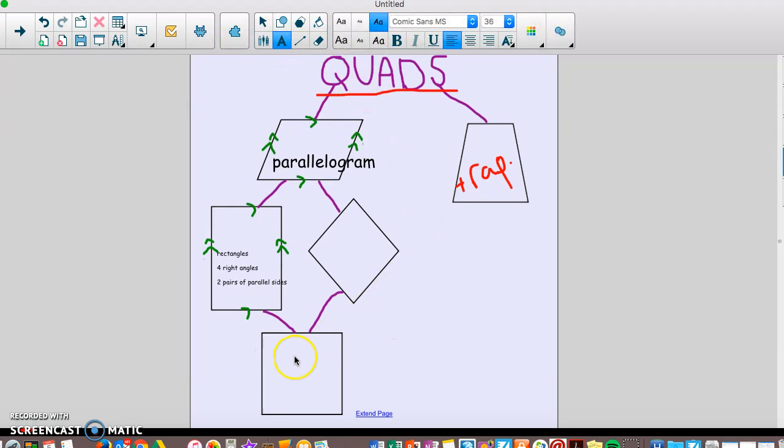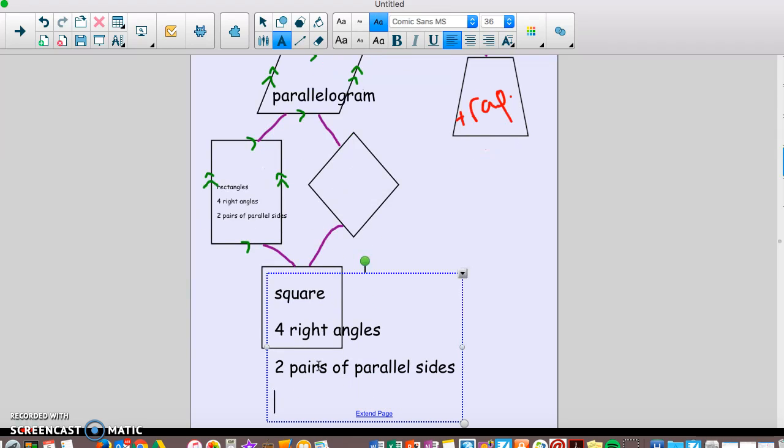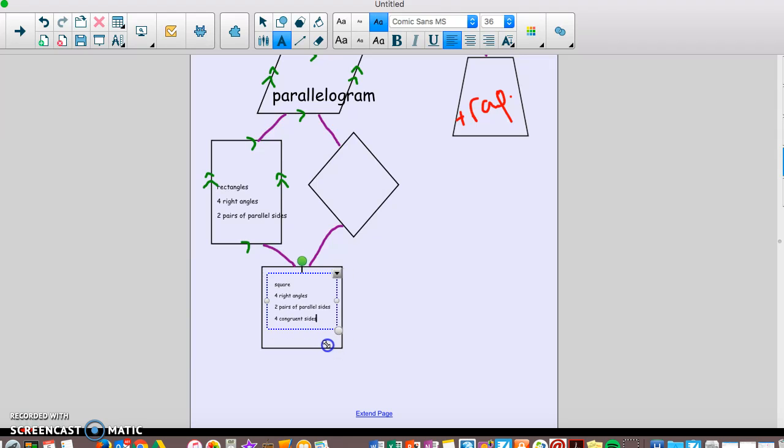Now, if we take a closer look at this figure down here, we all know that this is a square. And a square is special because it has four right angles, two pairs of parallel sides, and it also has four congruent sides. And we're going to talk about those four congruent sides and why that is special in a second.